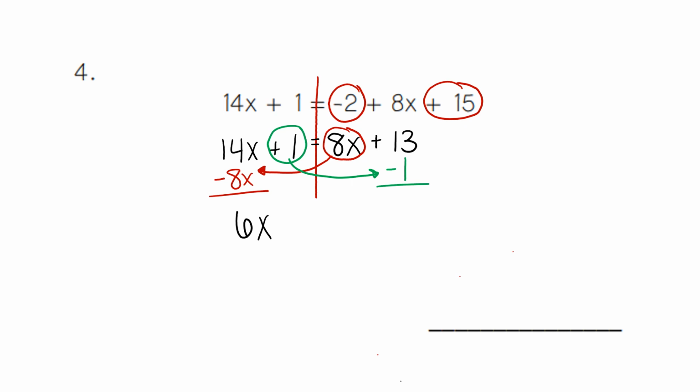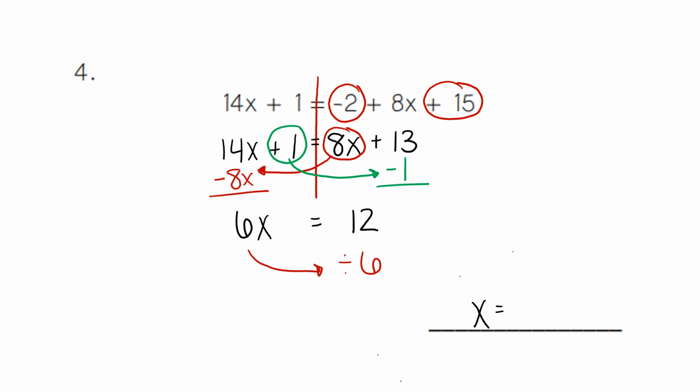Positive 13 and negative 1 gives us a value of 12. And our final step, when you have only two numbers left, 12 and 6, is to divide. We must divide in order. 12 divided by 6 gives us a value of 2.